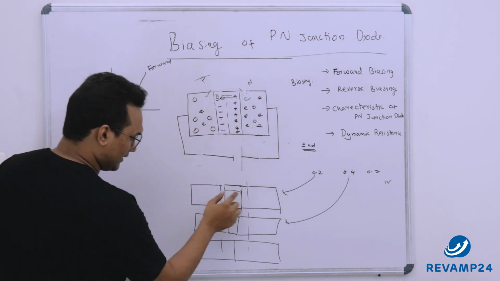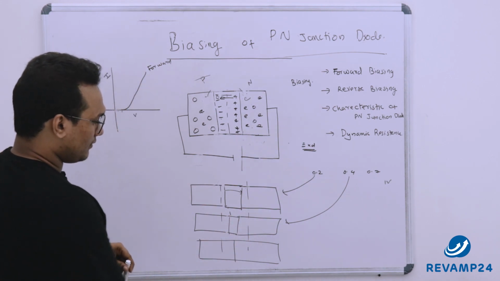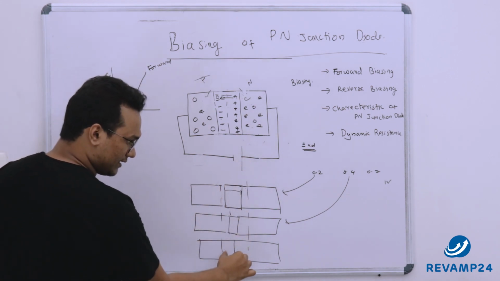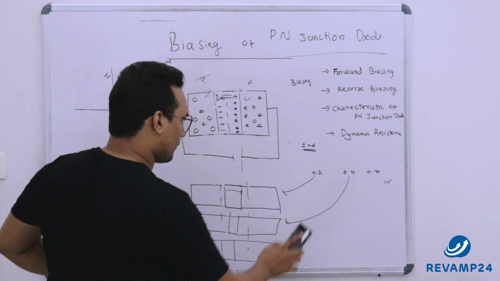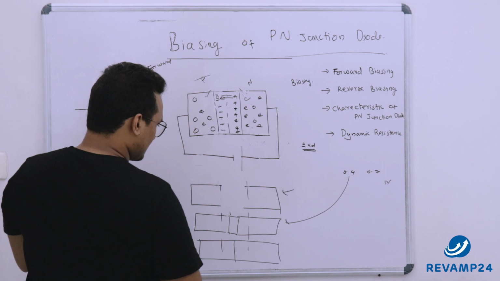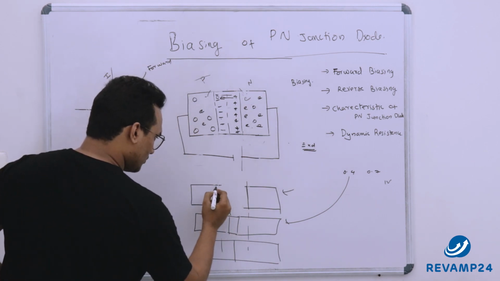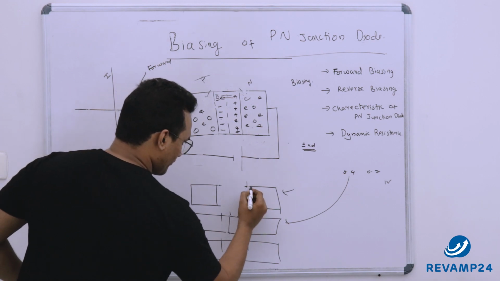What will happen? See, in forward bias the thickness of the depletion region was reducing, but when I am applying 0.2 volt here, initially this is the thickness of the depletion region. Now that will increase to a next value.